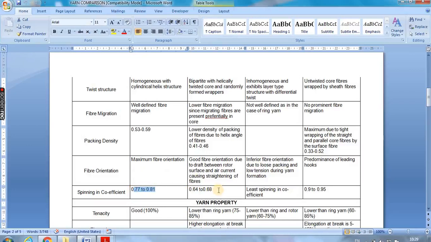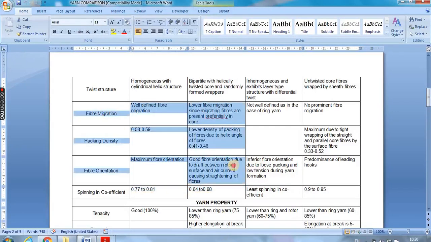But in the case of rotor, it is a little on the lower side compared to the ring because of less spinning tension and the formation of leading hooks. As the opening roller throws the fiber into the transport tube, there will be some formation of leading hooks. These leading hooks combined with low spinning tension cause less fiber extent, or less spinning-in coefficient, in rotor yarn compared to the ring yarn.